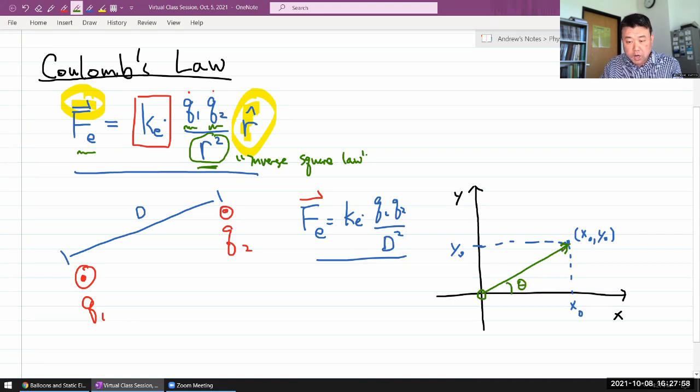One of the most common letters we use for vectors like this is R. Don't really know why. Maybe for radius, if imagining this is part of a circle or something. But R is a common letter. And when we have R with an arrow on top, then we are emphasizing it's really a vector quantity with the direction and everything. So one way to represent this R vector might be in the unit vector notation.